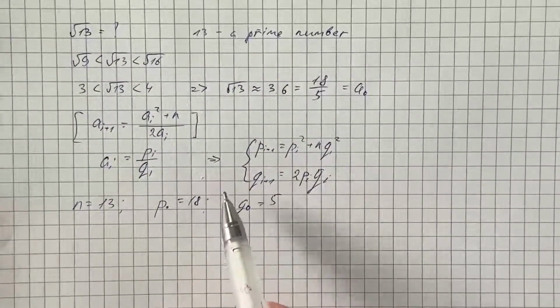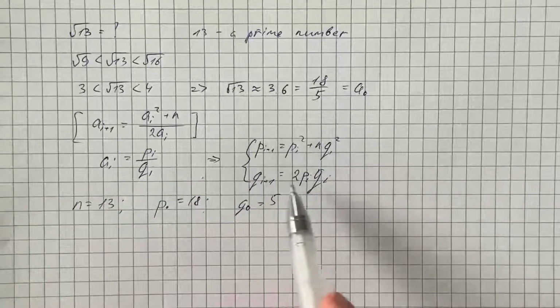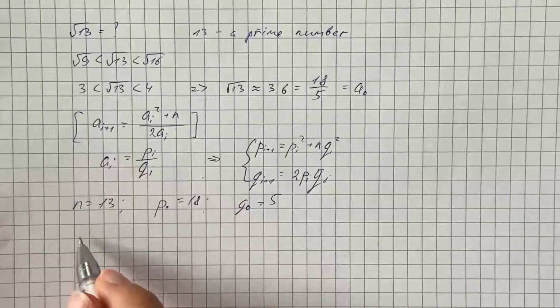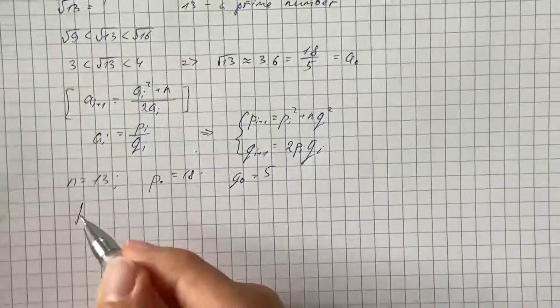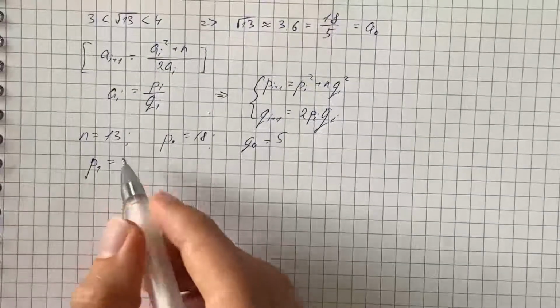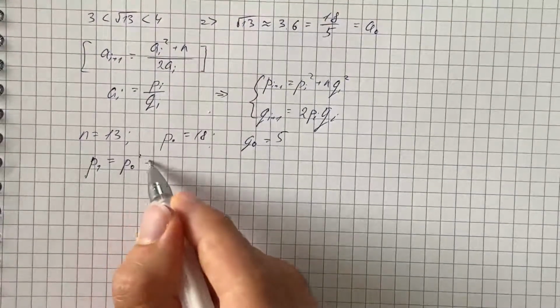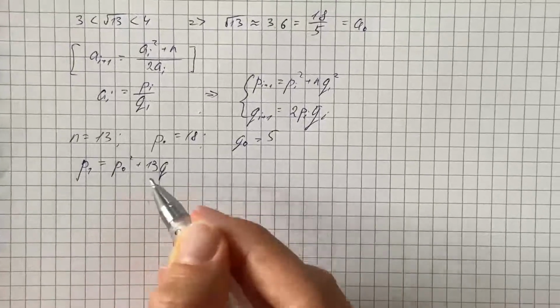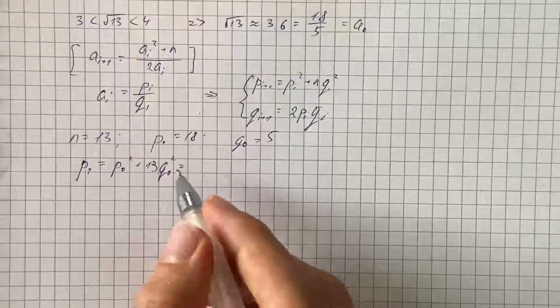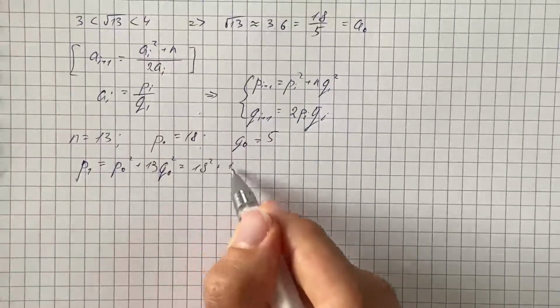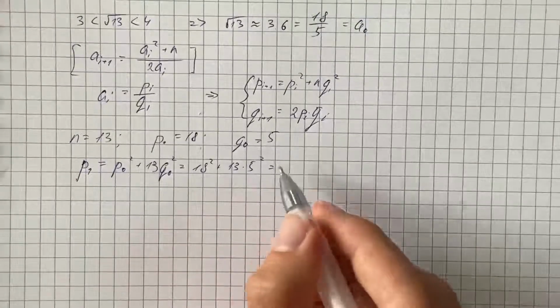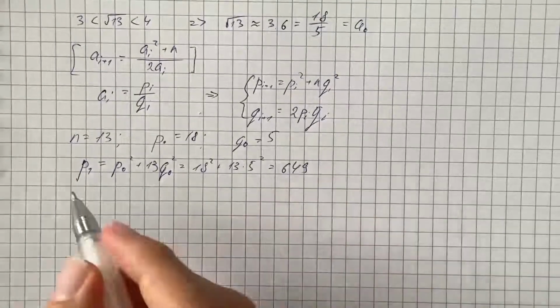So now I'm going to substitute our values into our formula, and we get that p1 equals p0 squared plus 13 q0 squared, and that's going to be 18 squared plus 13 times 5 squared, therefore we get 649.